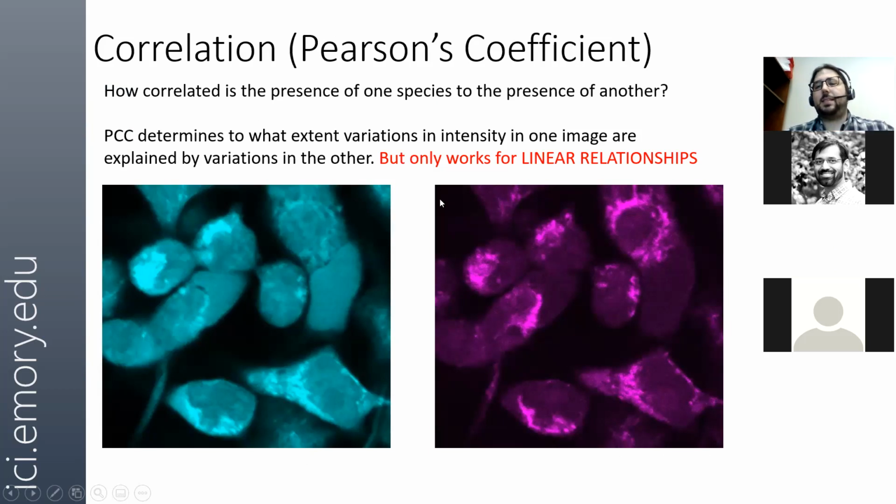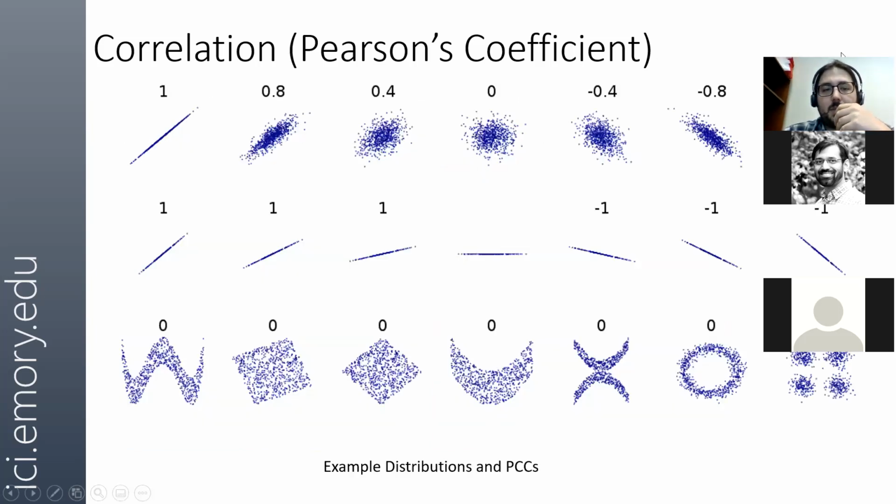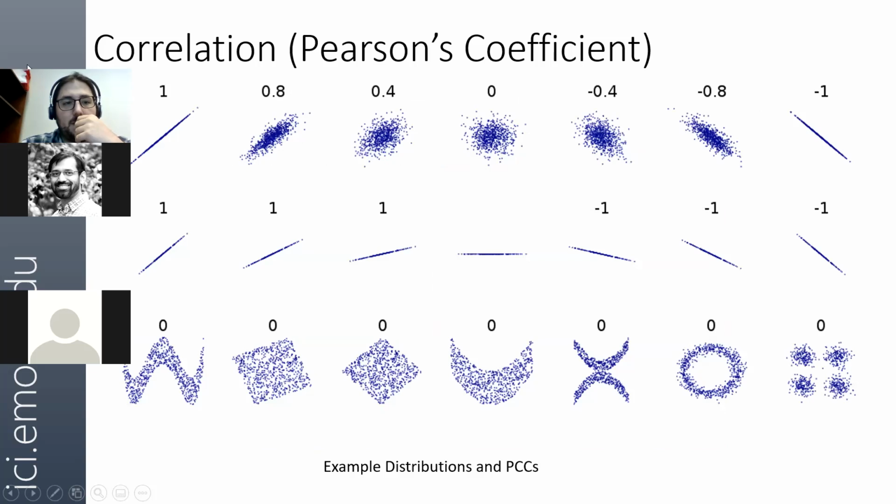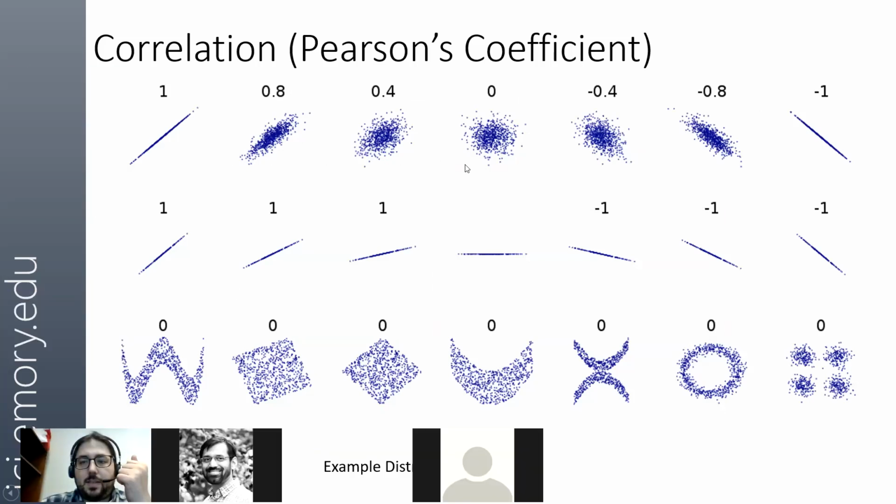Now the variation for this is between -1 and 1. And here are some examples of the kinds of scatter associations and the kinds of values that the Pearson's coefficient can have. Now at the bottom, we can see a lot of examples where the Pearson's coefficient is 0, but it's 0 for a set of data that can be very well, if non-linearly, behaved.